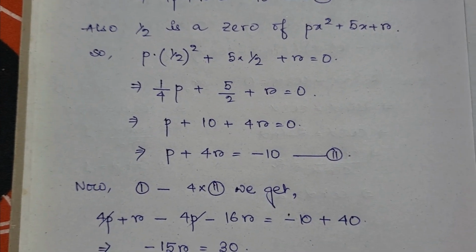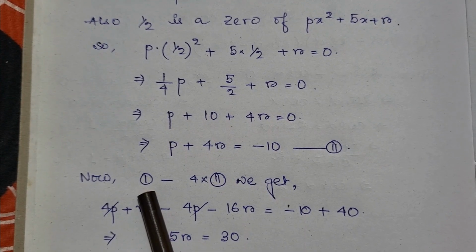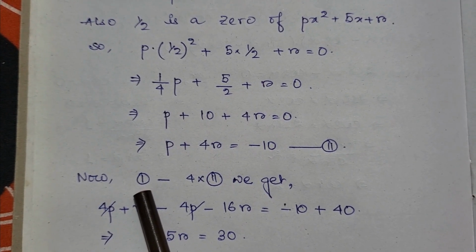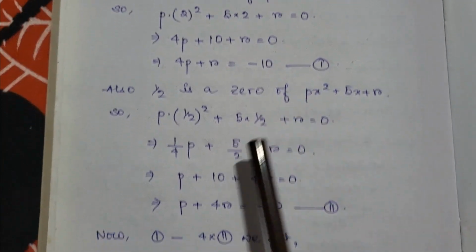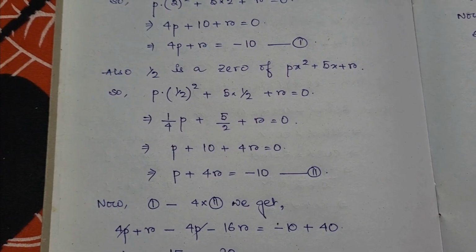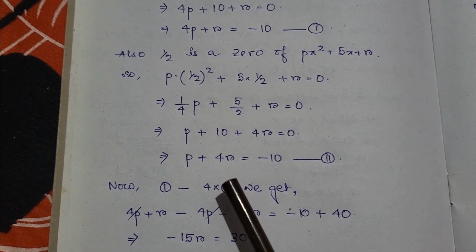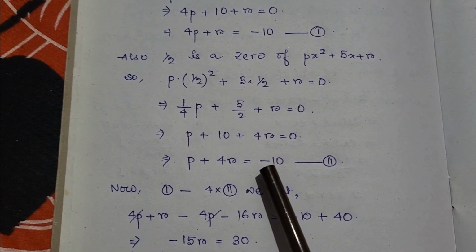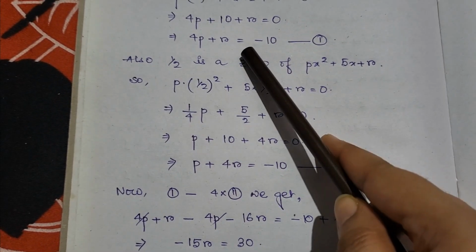Now what do we have? What we do is we subtract this equation multiplying with a 4 from this equation.